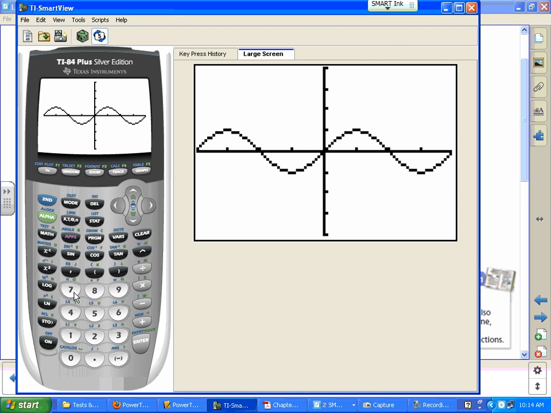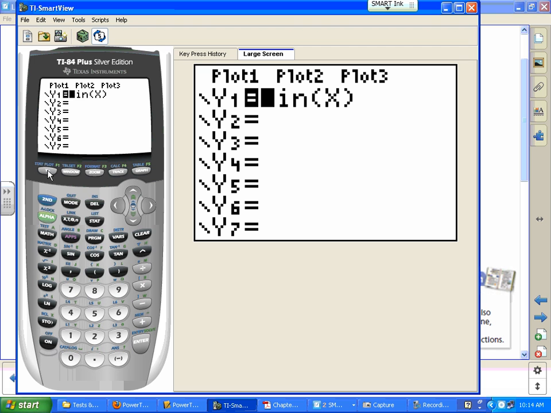Okay. Now, if I reflected this over the line y equals x, that means the graph then would go like this, right? Okay. Is that a function? No, it's not a function, so we have to restrict it. So go back to your y equals now, and graph the inverse sine of x. So now we're graphing the inverse sine function.